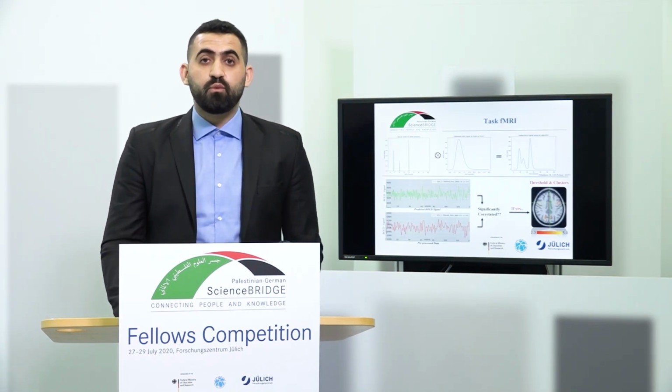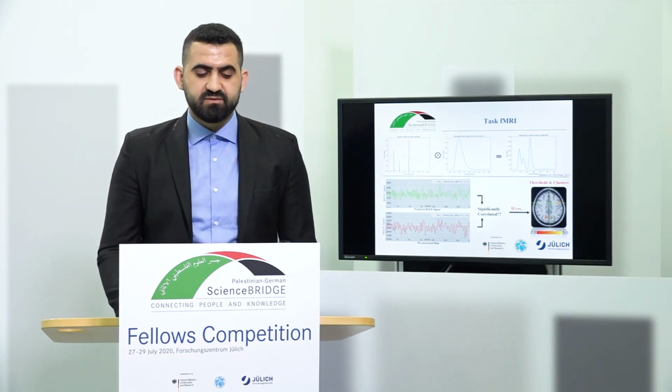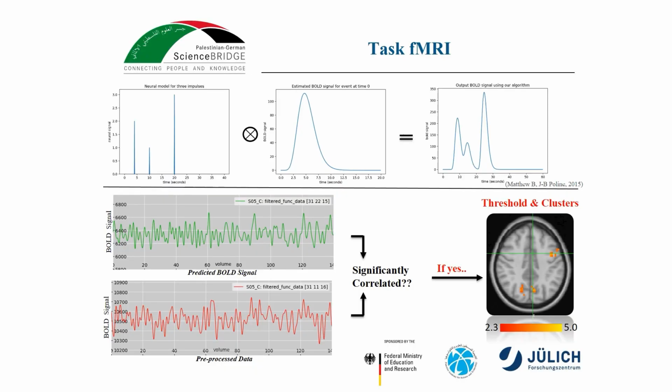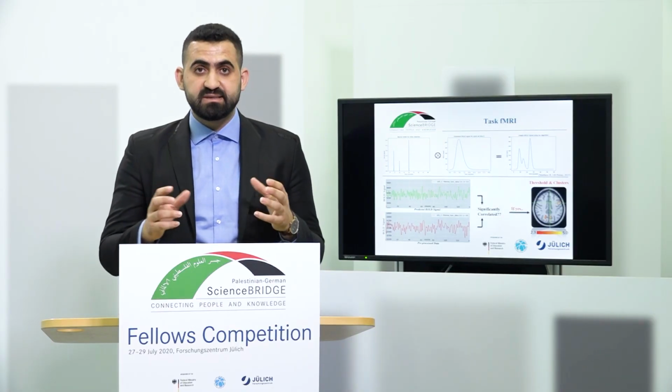So here is how we built our model. First of all, we have to define each single stimulus at a specific time. So for example, here we have a stimulus at 4, 10, and 20. And then we convolve these stimuli with the hemodynamic response function. Afterward, we got our model. Then we expect all the voxels related to that task to fit somehow with this model.